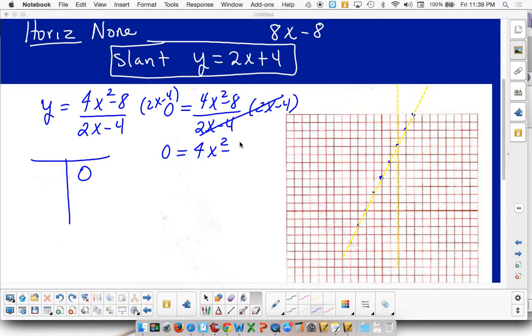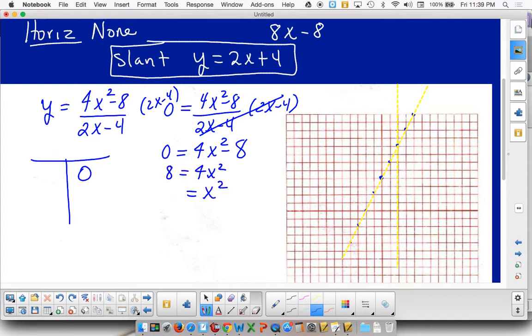If you want a rational function or a fraction to equal 0, you just need to set the numerator equal to 0. The denominator is going to be gone every time. So I just need to solve the top here, which gives me 8 equals 4x squared. X squared equals 2, so x equals plus or minus square root of 2, which, since we need to plot it, is roughly 1.4.